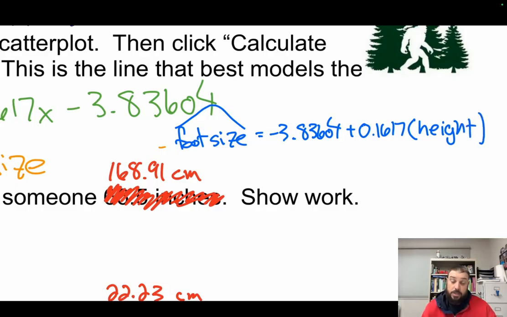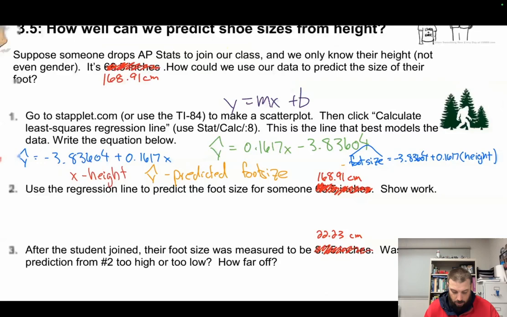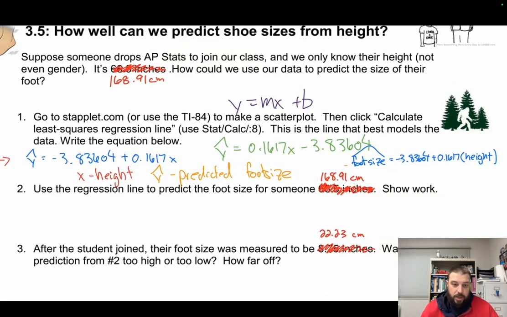A reminder contextually what those mean: again, it's predicted foot size, that foot size hat in a sense. Statistically, for whatever reason, they do the y-intercept first and then your slope and your x value. But all three of those are acceptable variations of that equation.